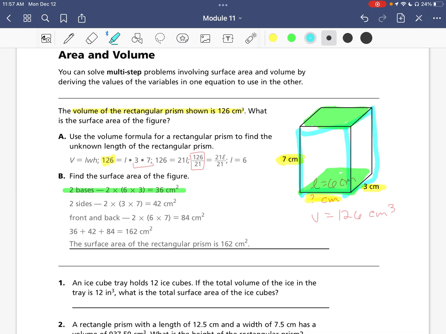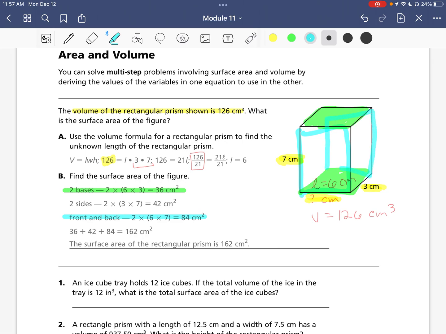Oh wait, this is not a cube, so we're going to have two different ones. So we're going to have our front, and then our back.